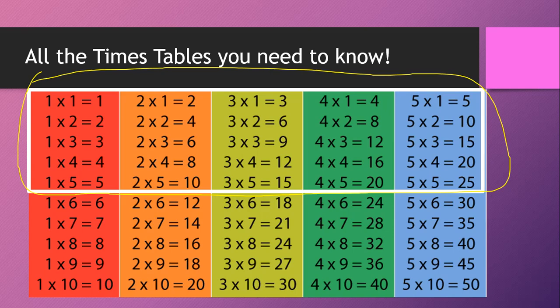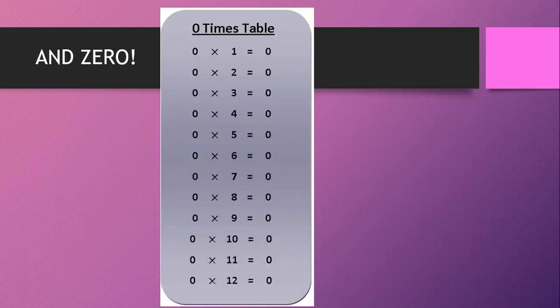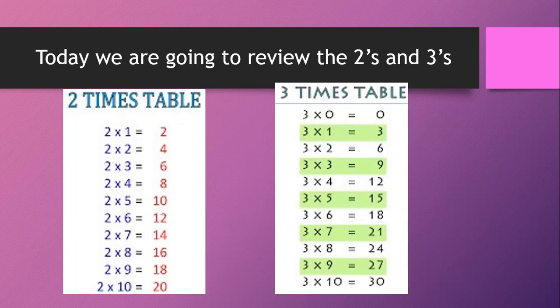So you only have to go up to 5 times 5, but I would suggest you keep practicing all the way up to the 10s, just so you know them. But you only have to do 5 times 10. I wouldn't worry about like 7 times 10 unless you feel like it. And remember, you also need to know the 0 times tables, which is basically just a number times 0 equals 0. Super simple. So today we are going to do a quick review of the 2s and 3s.